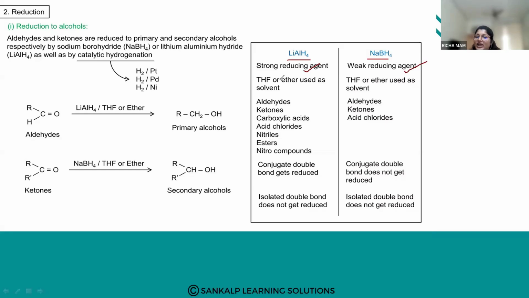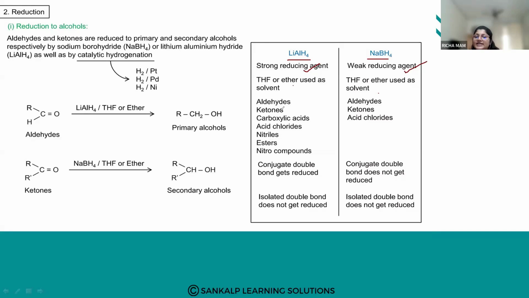Tetrahydrofuran (THF) or ether is used as a solvent here, and here also tetrahydrofuran or ether is used as a solvent. So whenever you are using any reducing agent, we use it along with some solvent.